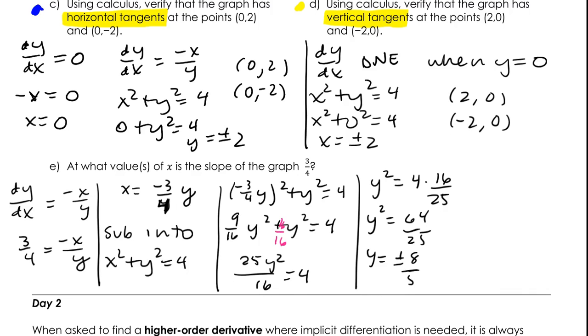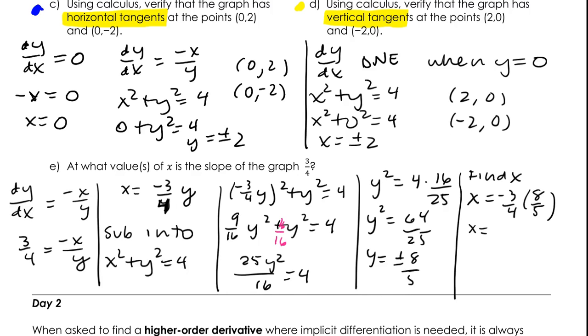So it said at what value of x is the slope 3/4? Unfortunately, we have y, but that's okay. We can now find x, because remember over here, let me point this out, x was negative 3/4 y. So x is going to be negative 3/4, and y is 8/5 or negative 8/5.